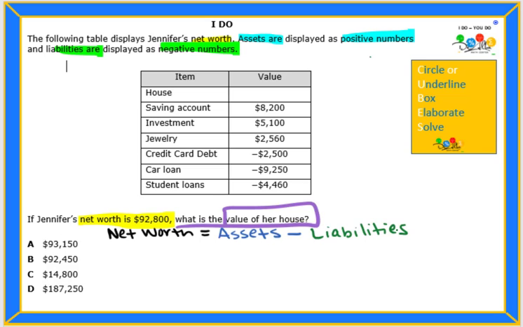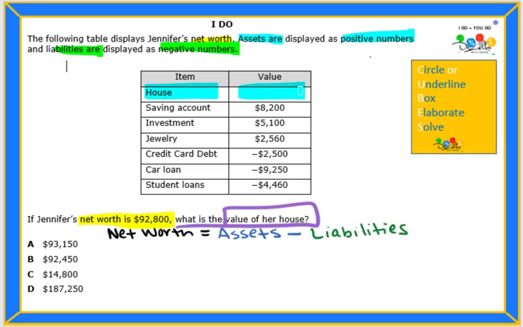Remember, assets are items that you own, and they have monetary value. A liability is an item that is owed to others. So here, it says, what is the value of her house? It's telling you that it has value, and so it is going to be an asset. It is going to be an asset and it has positive cash value.